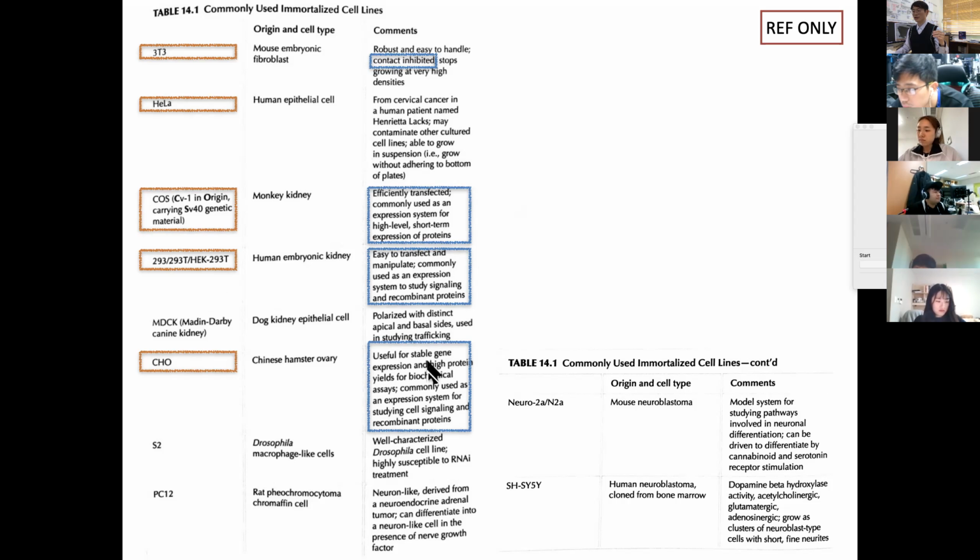CHO cell is useful for stable gene expression and high protein yields for biochemical assays. All right, so there are some neuron-derived cells, like mouse neuroblastoma, and these cells.